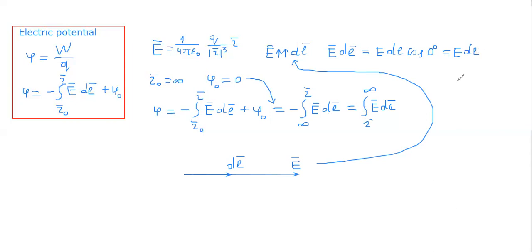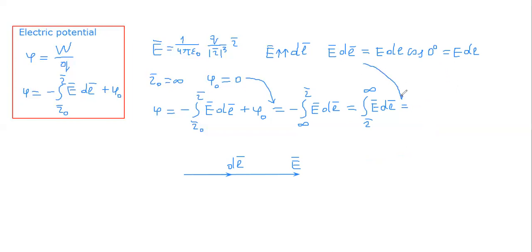This is the benefit of a potential field. The benefit is we can calculate the linear integral in a simple way, we can get rid of vectors easily.